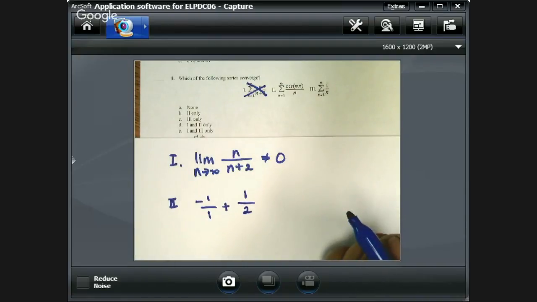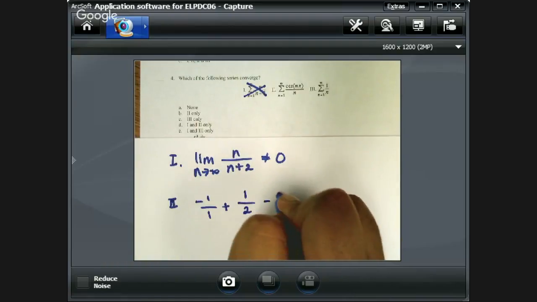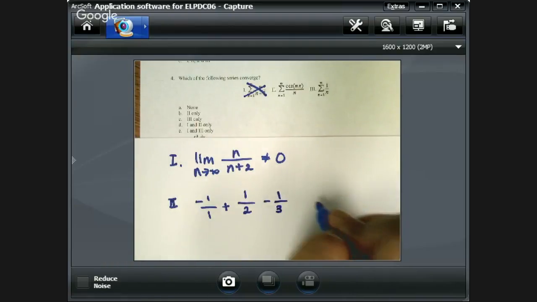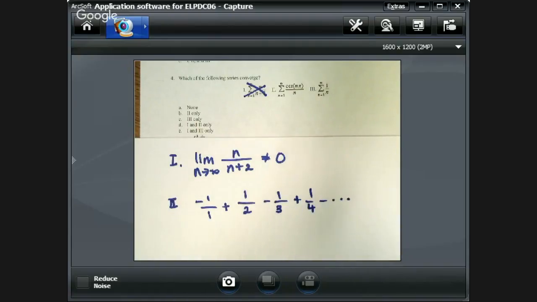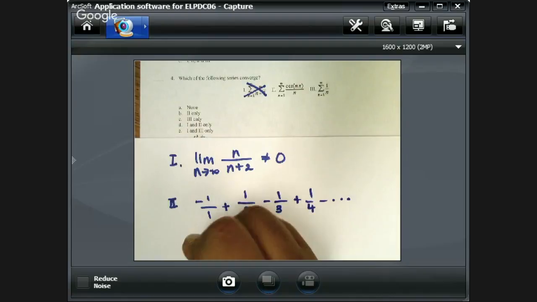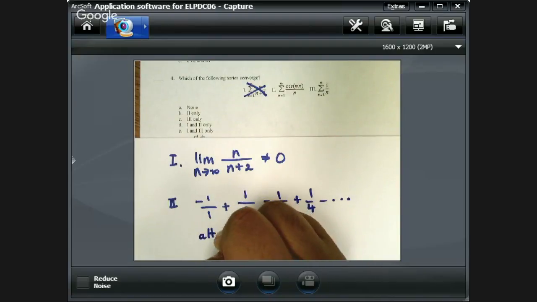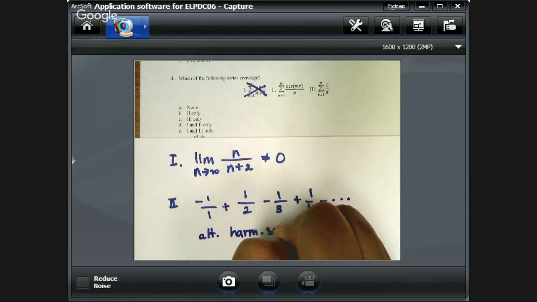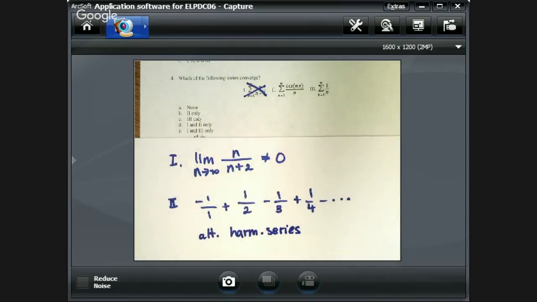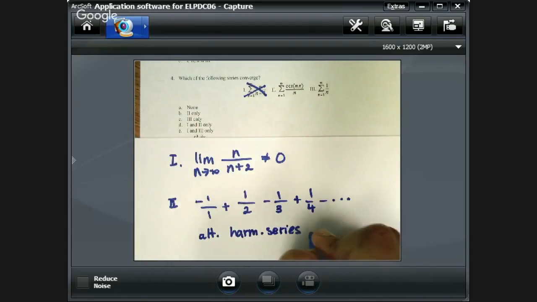When n is 3, it's the cosine of 3 pi, which is -1 over 3, so -1/3, and so on. Well, I look at this and I go, hey, I recognize this series, and I hope you do too. This is the alternating harmonic series. And what's special about the alternating harmonic series is it converges.